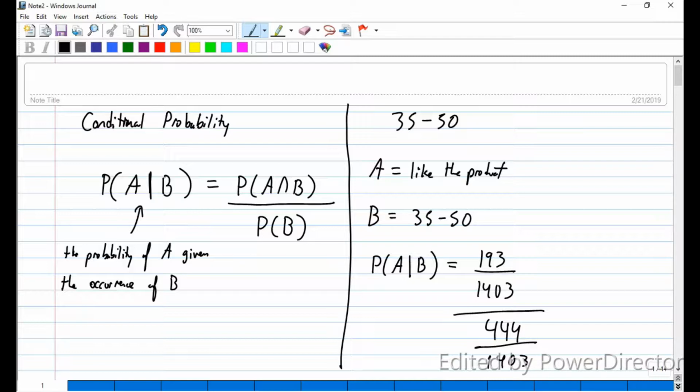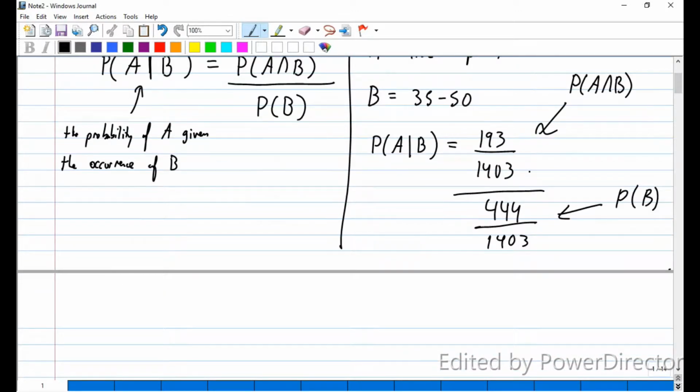So what we're doing now is we're working this thing by definition. Okay? So this right here is the probability of A intersection B, and this right here is the probability of B. Now I would flip and multiply there, and I would get 193 over 1403 times 1403 over 444.